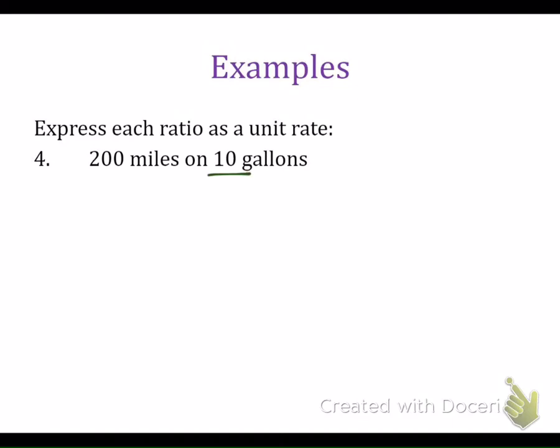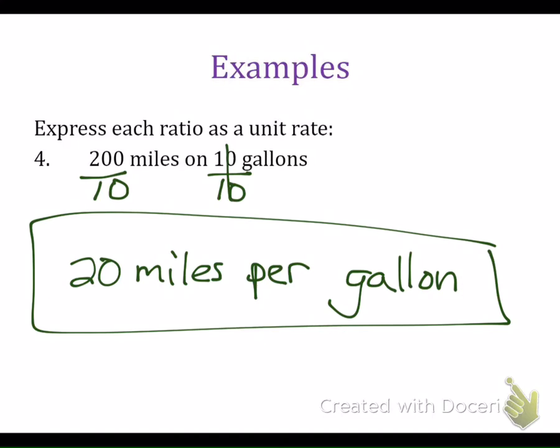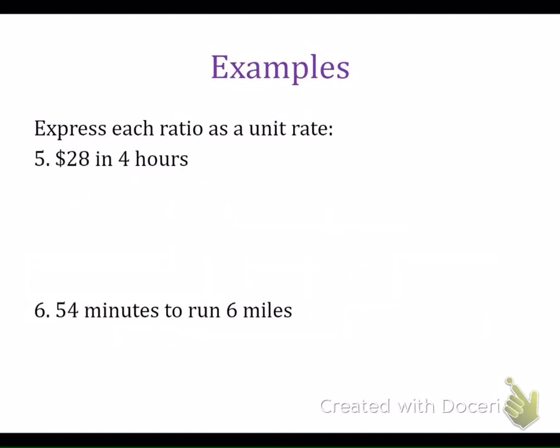Okay, so we're going to divide both by 10. So this would reduce to 20 miles per gallon. All right. So $28 in 4 hours.